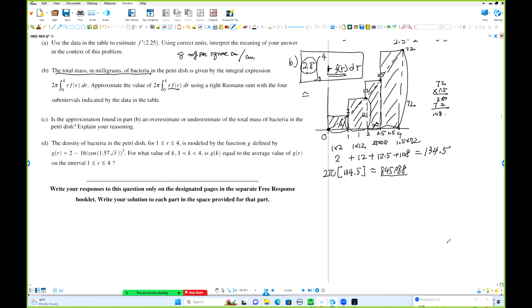You can write down over here: overestimate, the graph goes up, the graph is increasing. Okay, you can write down this one, that's enough, okay?